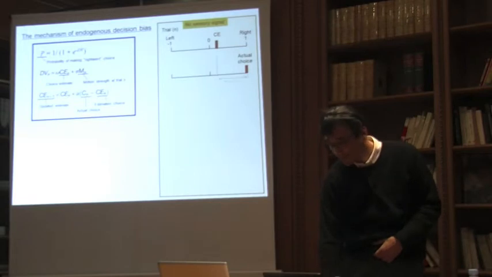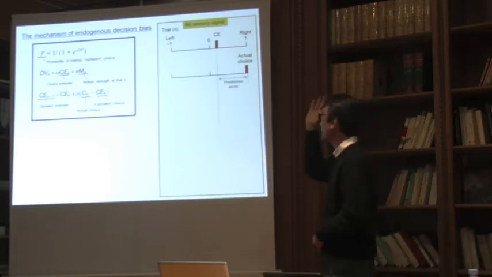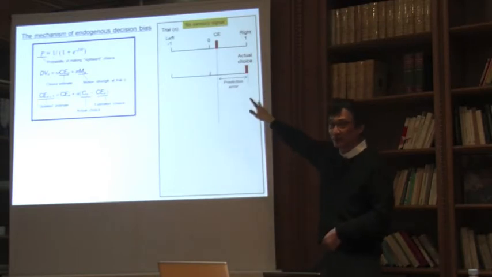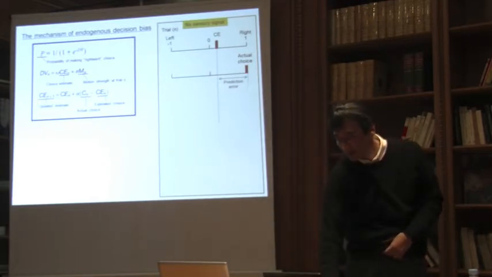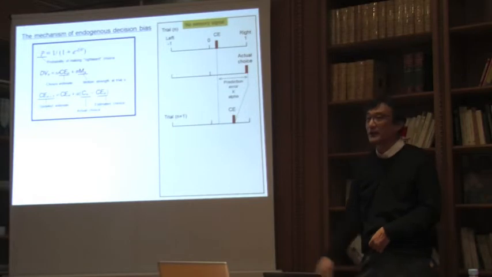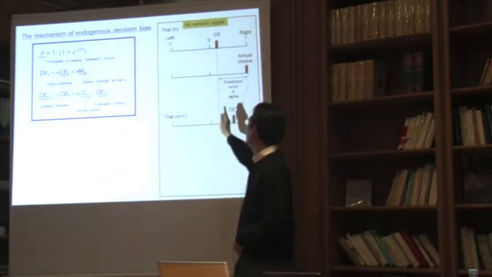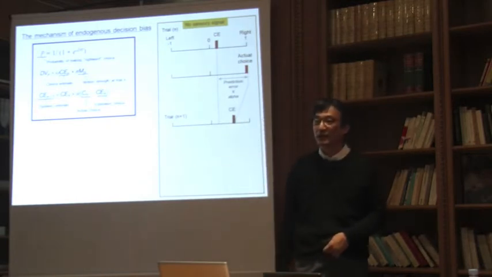And then the brain somehow calculates the error between the actual choice and choice estimate, multiplies it by a learning parameter, and shifts this choice estimate this way.